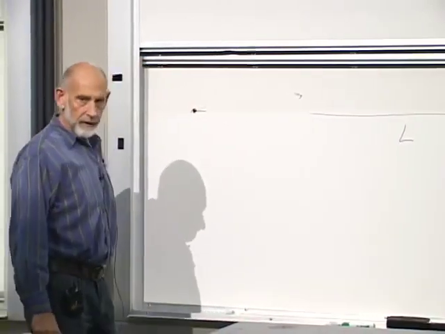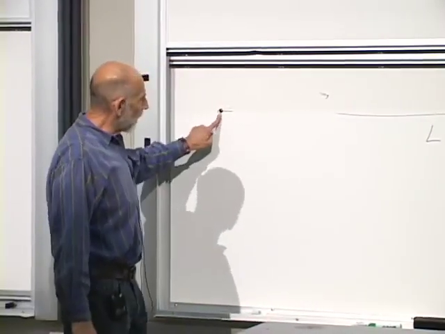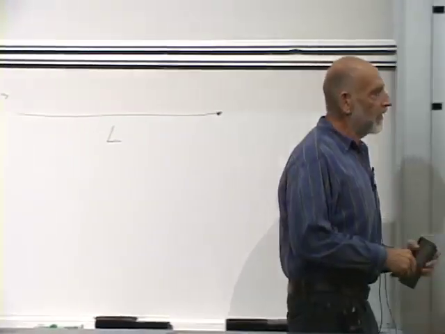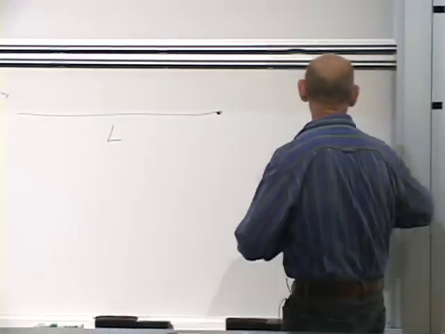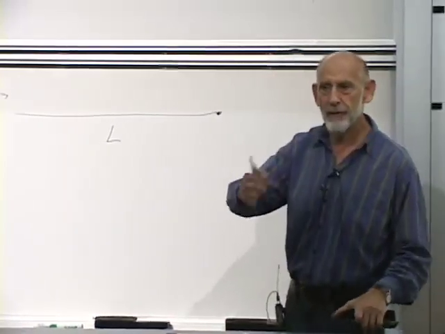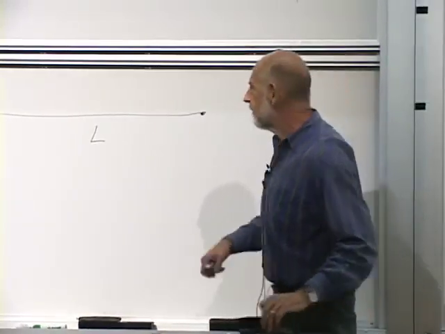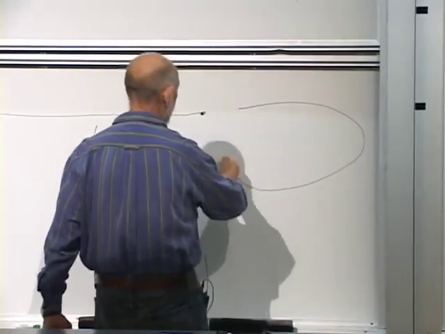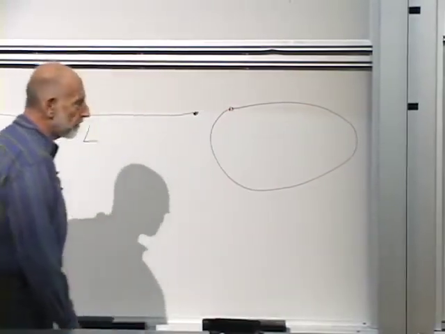Imagine this line is such that we identify the beginning and the end. Now we can do that by replacing the line by a circle. It doesn't have to be a legitimate geometric circle. Just mathematically, we connect the beginning back to the end. So we go in a cycle.